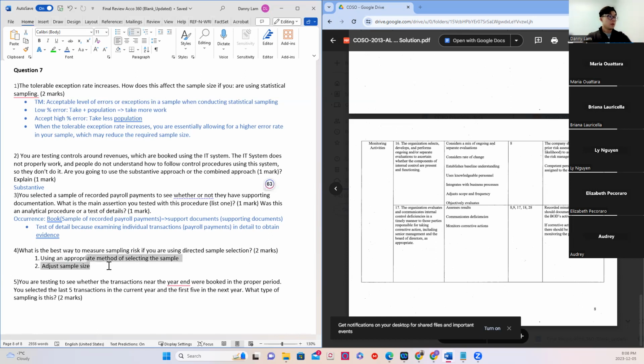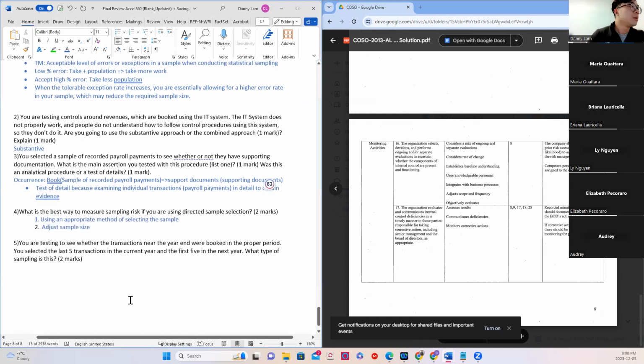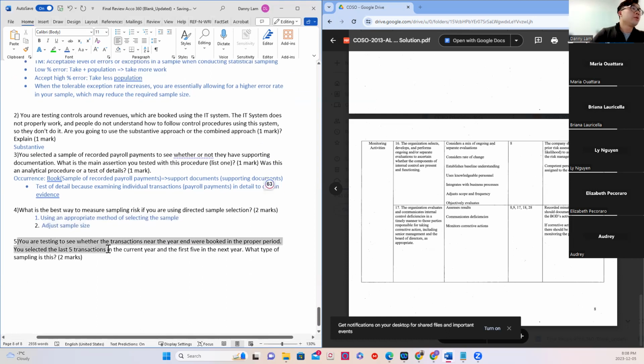Next question. Okay, you are testing to see whether the transactions near the year end were booked in the proper period. You selected the last 5 transactions in the current year and the first 5 in the next year. What type of sampling is this?